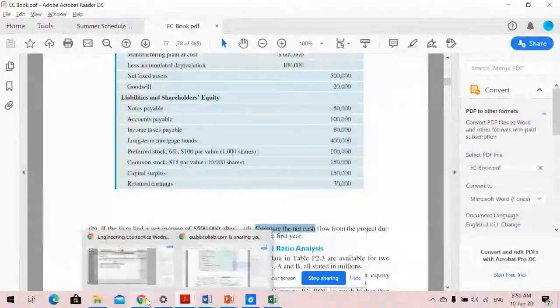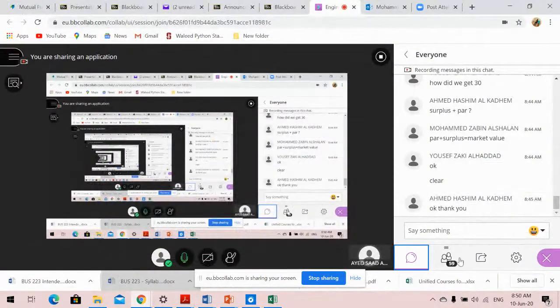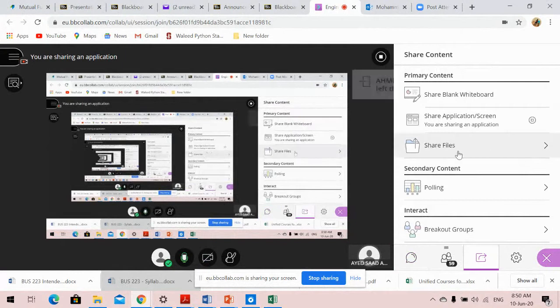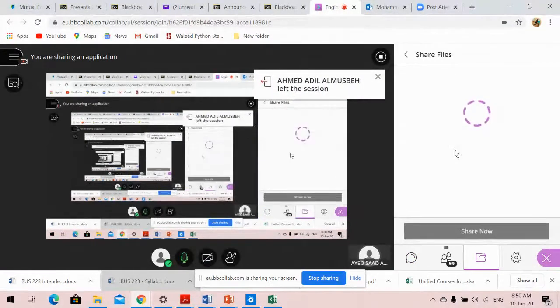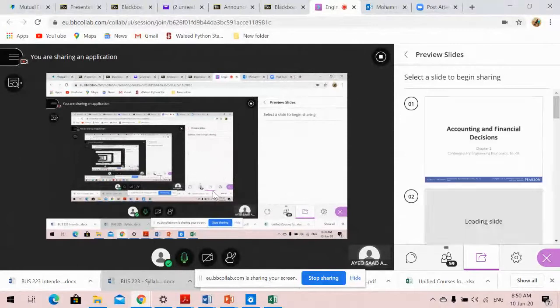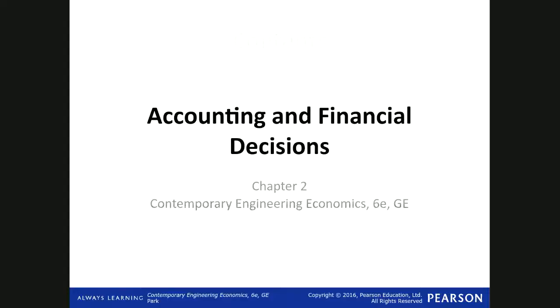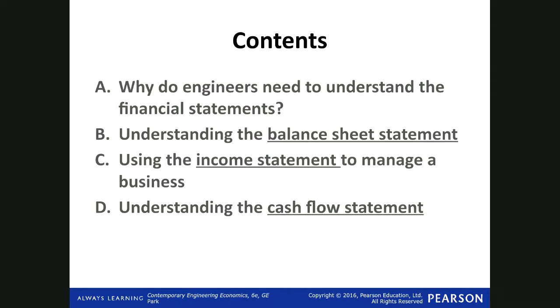I'll stop sharing the screen and go back and show you how we finished this question. So almost we are done. We solved 2.1 as well. I'll show you on the slides.